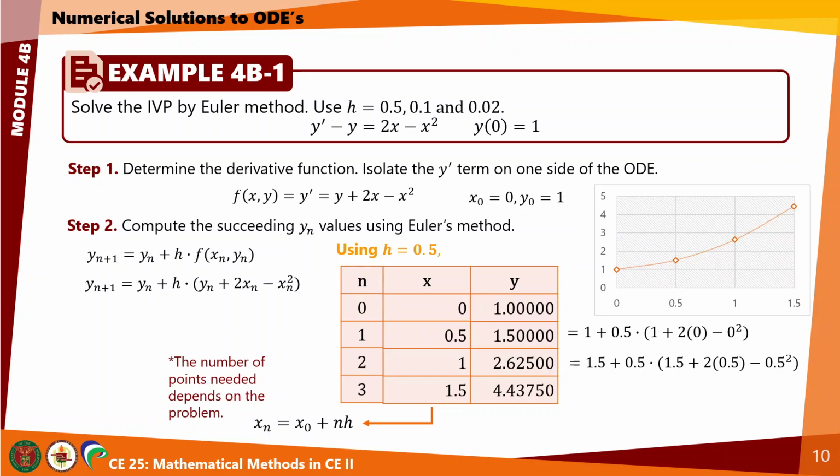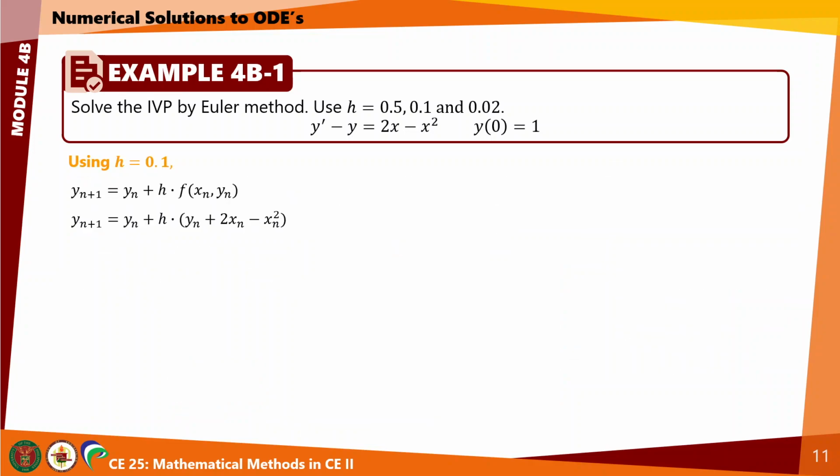Okay, ang mga points na yan, hindi talaga siya points, except for the initial value. Yung mga points na yan, hindi talaga siya points sa actual or sa analytical function solution natin. Okay, so approximations ng itong mga points na to, using yung mga tangents natin.